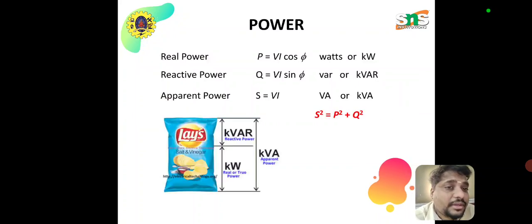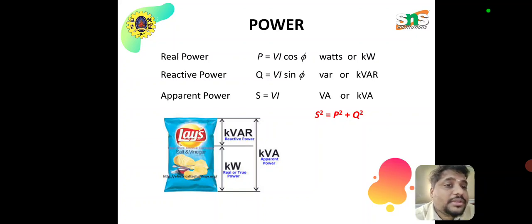We can take the example of a Lay's potato chips packet. The packet consists of some weight of potatoes as well as some air. That air is directly represented as reactive power, that is kVAR.